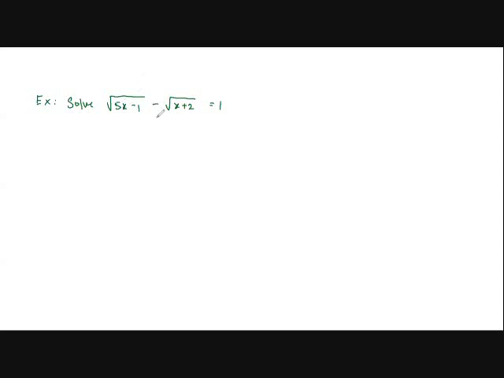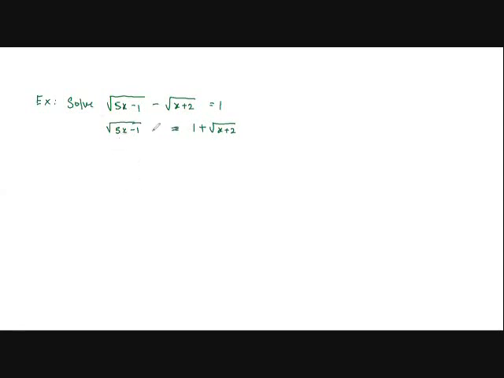Right now, we have two terms on this side and it equals 1. The best way is to move this one to the right side. So you have the square root of 5x minus 1 equal to 1 plus the square root of x plus 2. I think everyone knows how to do this, correct?